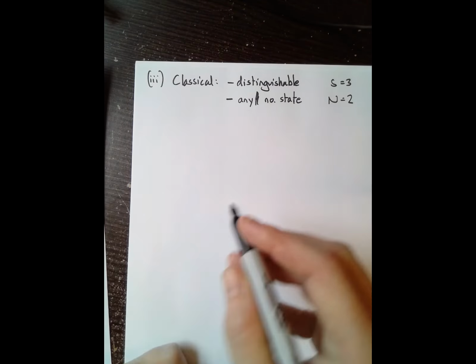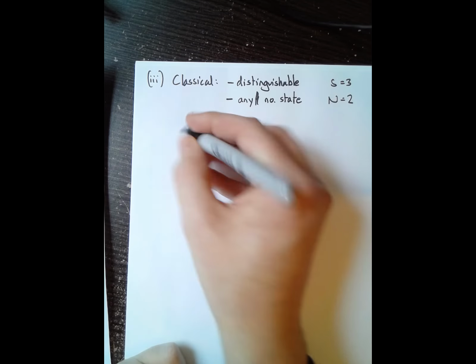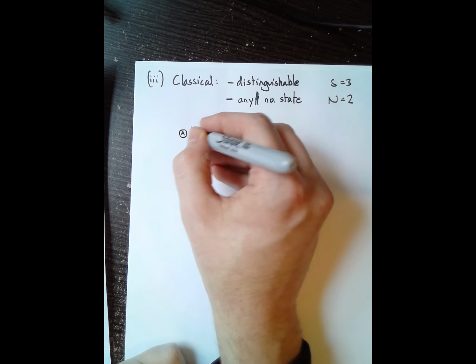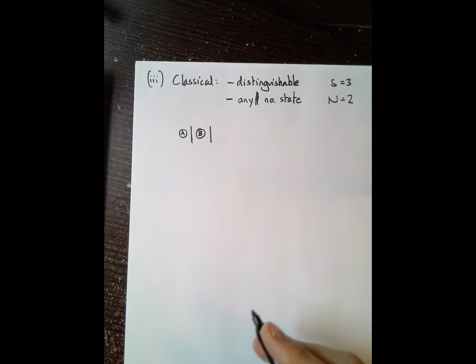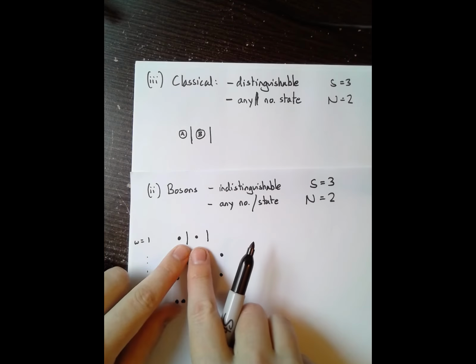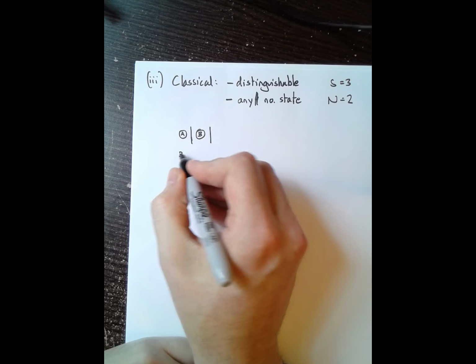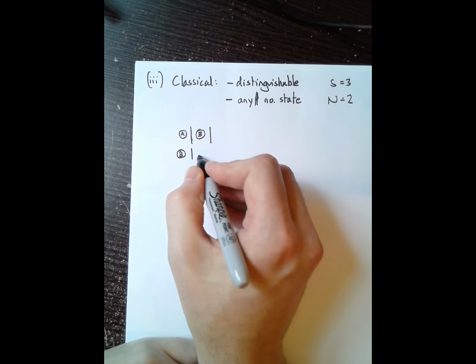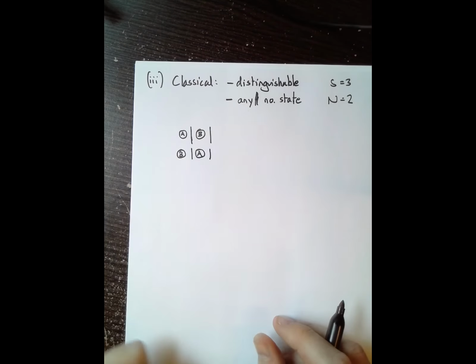So for example, in this microstate, to indicate that they are distinguishable, let's label them A and B. So that corresponds to this microstate here, but there's another microstate that looks like this. And if we can distinguish the particles, these are two distinct microstates.